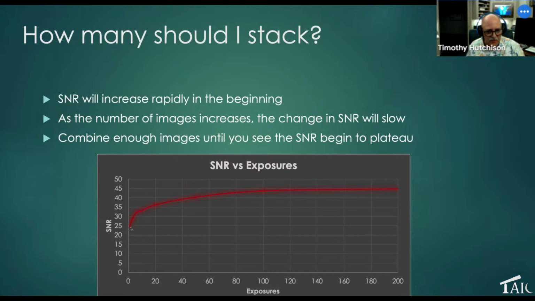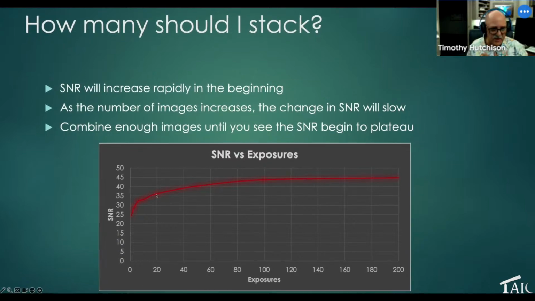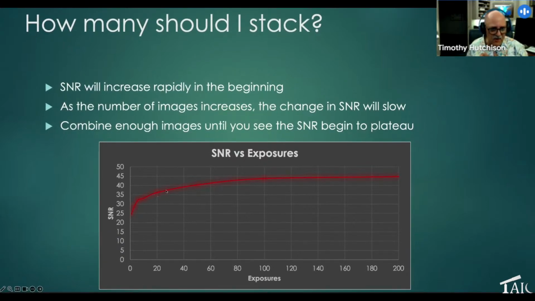From 1 exposure to 10, I went from maybe 25 up to 33. Then from 10 to 20, I went from 33 to 36 or so. And from 20 to 40, I went to 40. You see it slowing down.